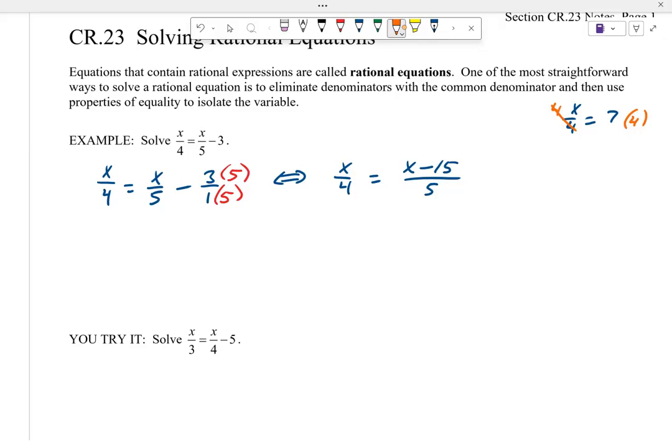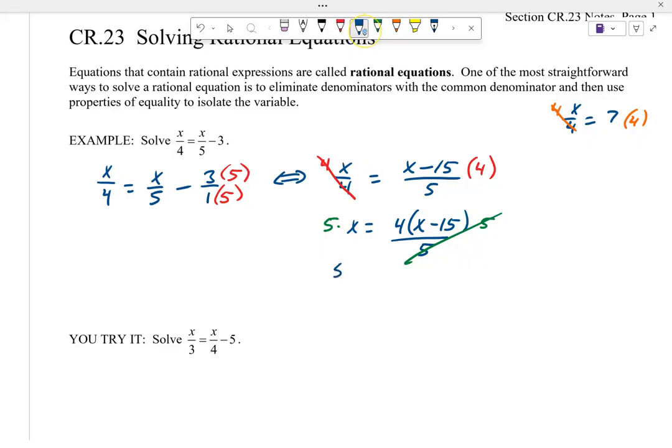Now that I've got one fraction equaling one fraction, I'm going to multiply both sides by the 4 first and see how it clears that out. So now I have x equals 4 times the quantity x minus 15 all over 5. I can do the same thing with that 5: multiply this side by 5 and that side by 5.